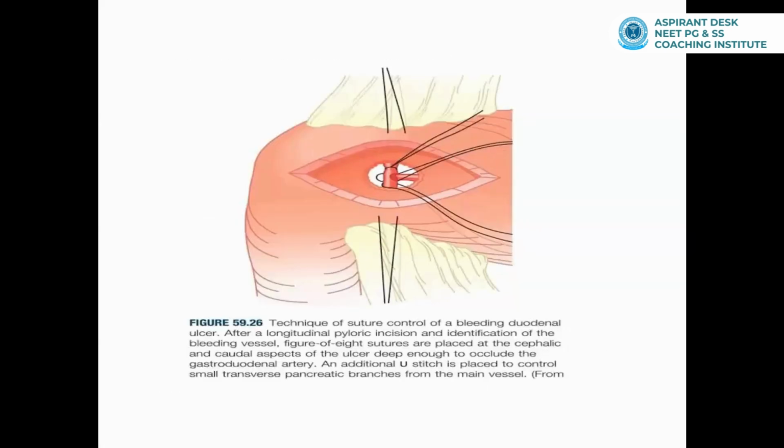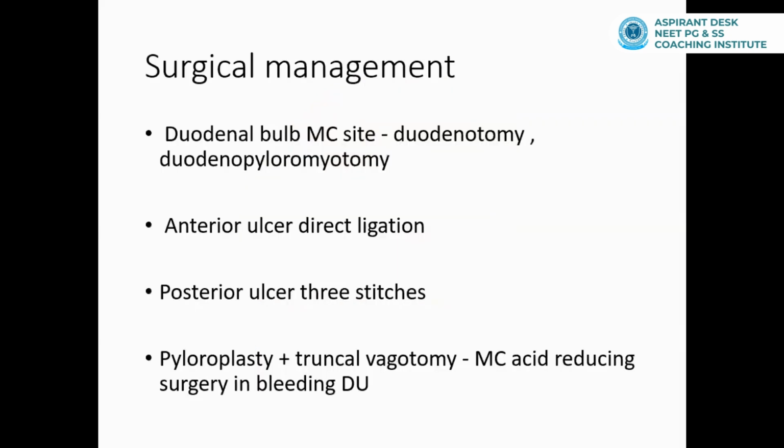We should ligate in the superior and inferior direction, and place another additional U stitch over the small transverse pancreatic branches; they could ask. Next, along with the surgery, we do pyloroplasty plus truncal vagotomy, the most common acid reducing surgery in bleeding.